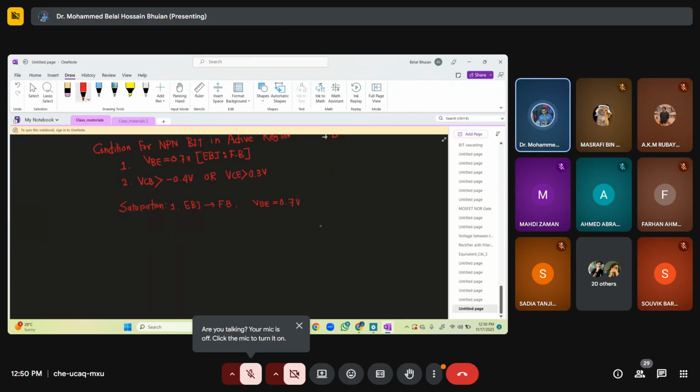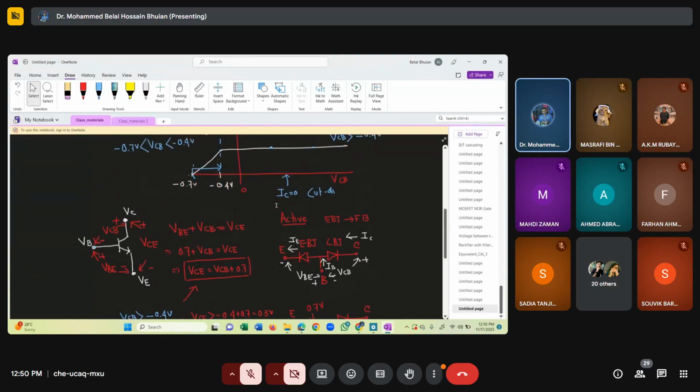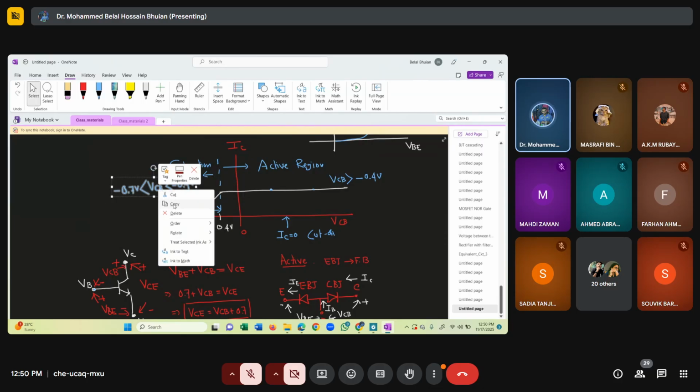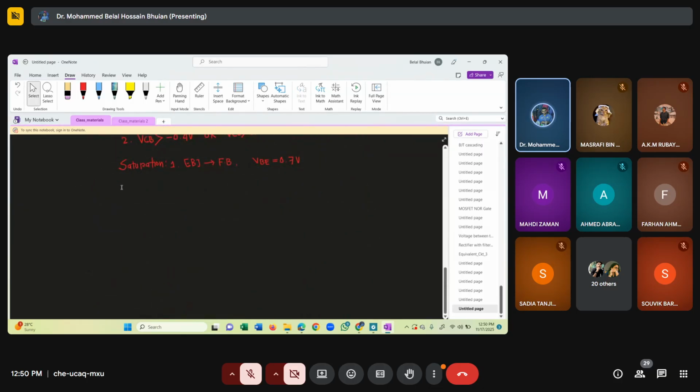Now, what about the VCB? So notice here the condition for the BJT to operate in the saturation region is presented as a range.